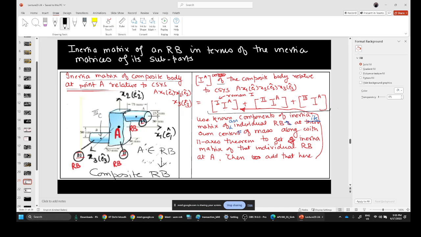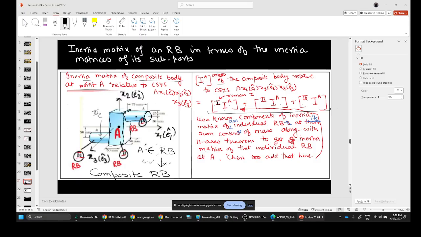IA1. This is not I, this is Roman 1, this is Roman 2, and this is Roman 3. So you have IA of part 1, IA of part 2 and IA of part 3. If you add them together, you will get IA of the whole composite body.